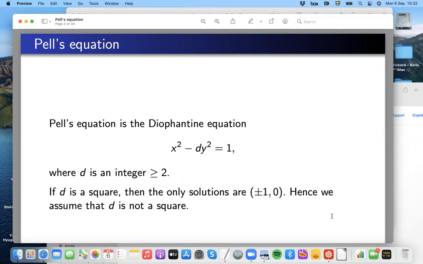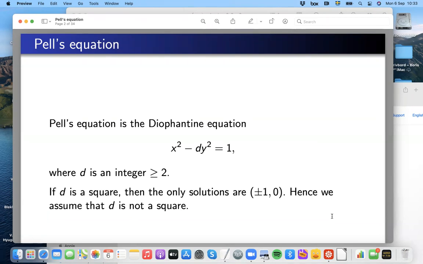You probably have learned how to solve a linear Diophantine equation with two variables in your classes. This is the first example of a nonlinear equation in two variables, which is very nice and classical: x squared minus d y squared equals 1. And d is a positive integer, at least 2.